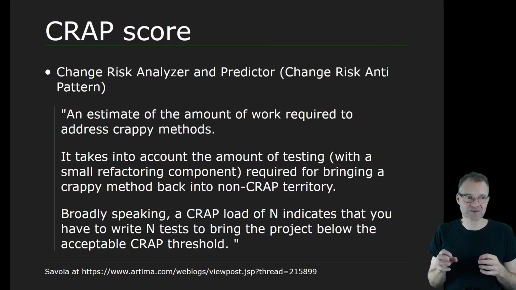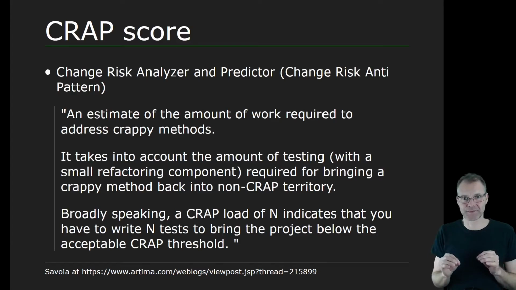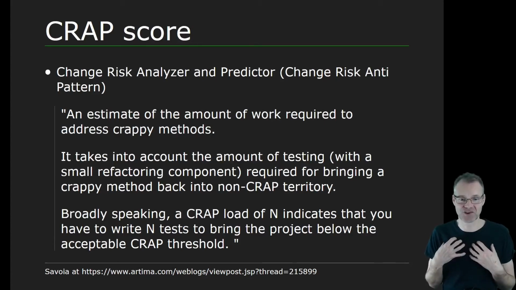So it's trying to show us you have a troublesome method there. It doesn't seem to be good from the CRAP score point of view. And the CRAP score is saying it will take you this amount of time to get back into non-CRAP territory.